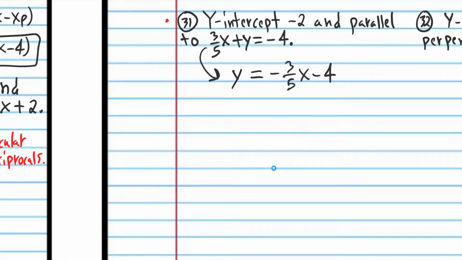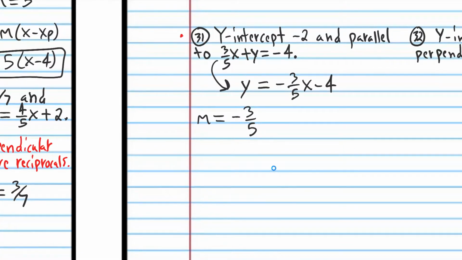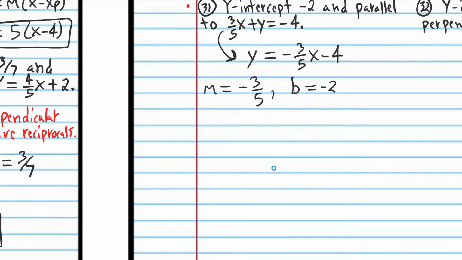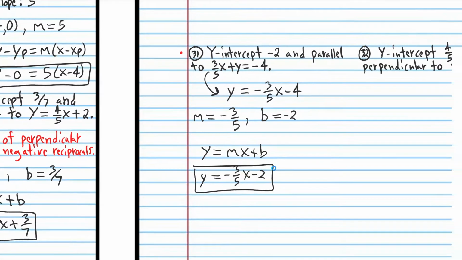So that means the slope of our line is negative 3/5, because we're told our line is parallel to this line. And we also have a y-intercept of negative 2. So this is going to be really easy. We have the slope and the intercept, so we can just use slope-intercept form. And we're done.